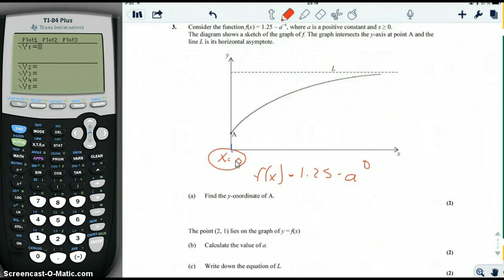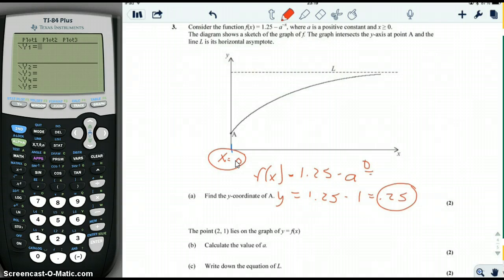Guess what a to the 0 is? It's 1, right? So 1.25 minus 1. So we know that y is equal to 0.25 when x equals 0.